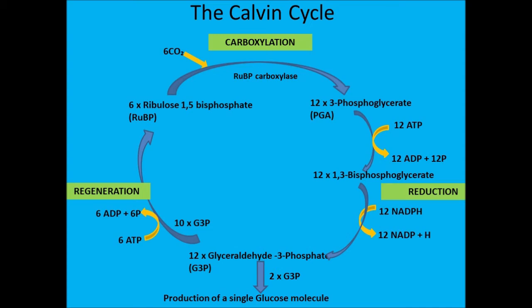So it requires 6 turns of the cycle to produce a glucose molecule, using 6 carbon dioxide, 18 ATP, and 12 NADPH for the process to occur. The reason being that 6 ribulose 1,5-bisphosphate molecules are required in order to produce the 2 glyceraldehyde 3-phosphate molecules, which go into the production of a glucose molecule.